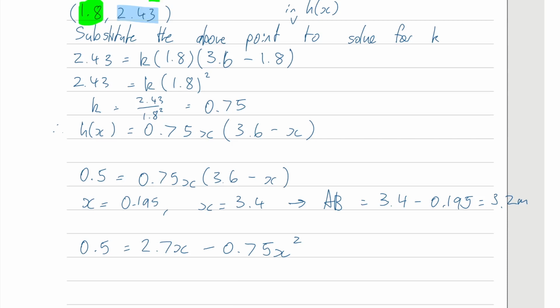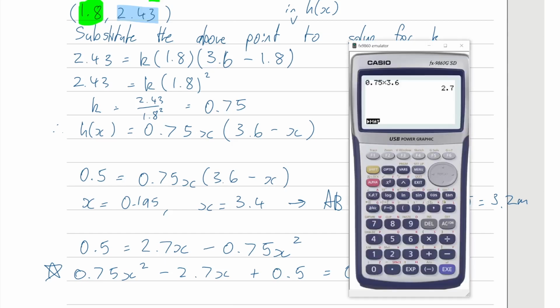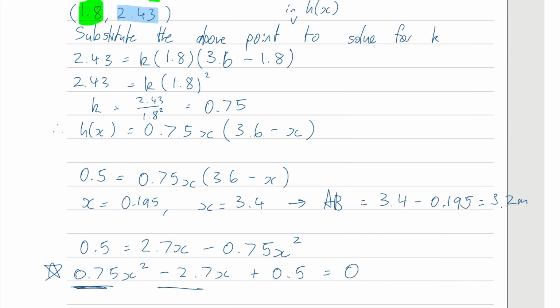Now I'm starting to see a quadratic equation emerge, so I'll take everything to the left side. So add 0.75x squared, subtract 2.7x, plus 0.5 equals 0. Now we have a quadratic equation which we can solve however you like. For example, we could use menu, equa for equation solver, F2 for polynomial, degree 2 for quadratic, and we put in the A, B, and C values.